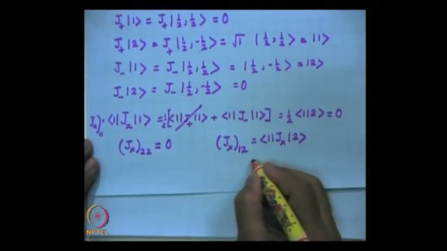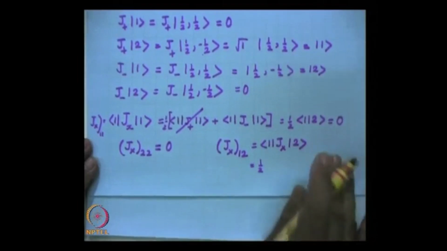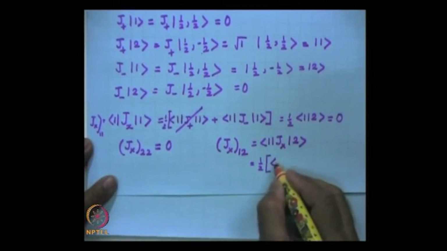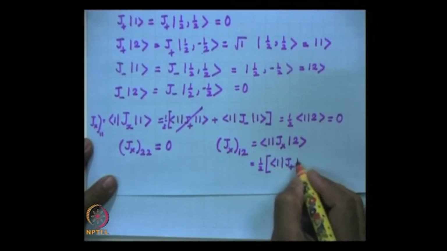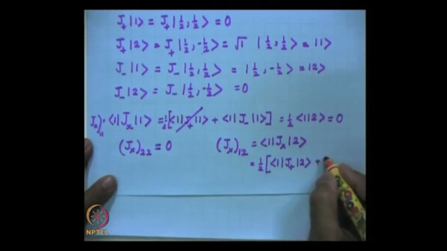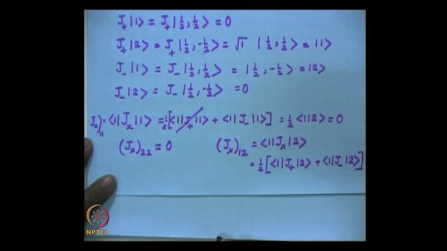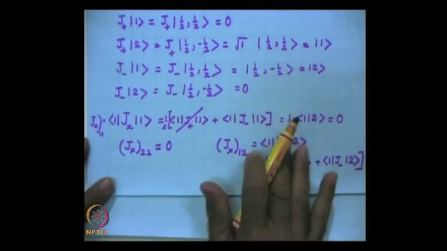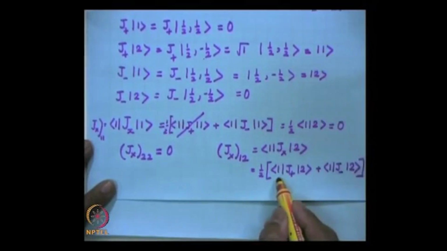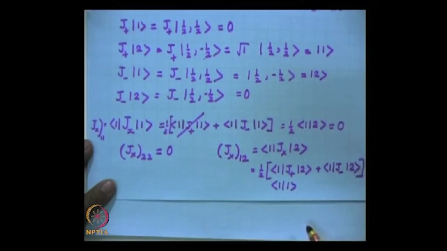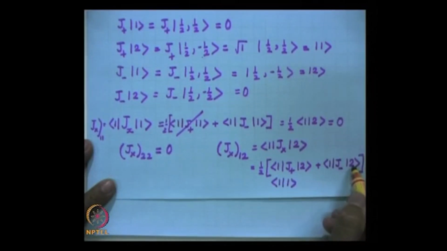So, this is equal to half ⟨1|J_+|2⟩ plus ⟨1|J_-|2⟩. J_+ ket 2 is equal to ket 1, so this is ⟨1|1⟩, which is 1, and J_- ket 2 is a null ket, so this is 0.